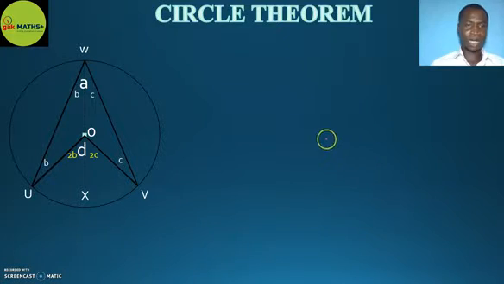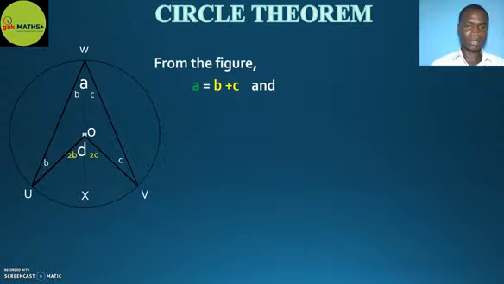If you take a closer look at our new shape, you will note that the angle A is B plus C, and our angle D is 2B plus 2C.